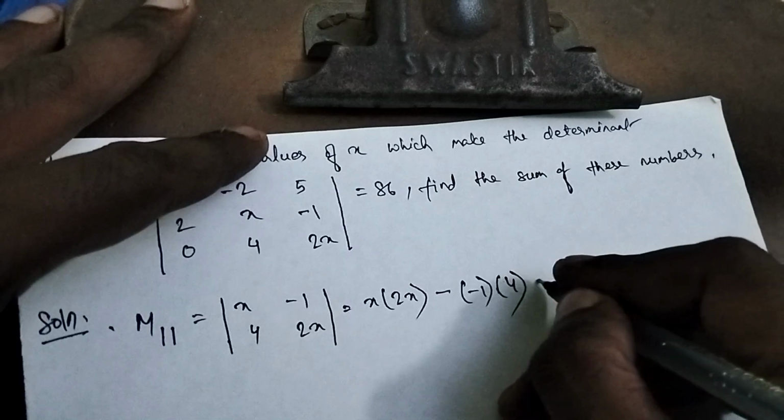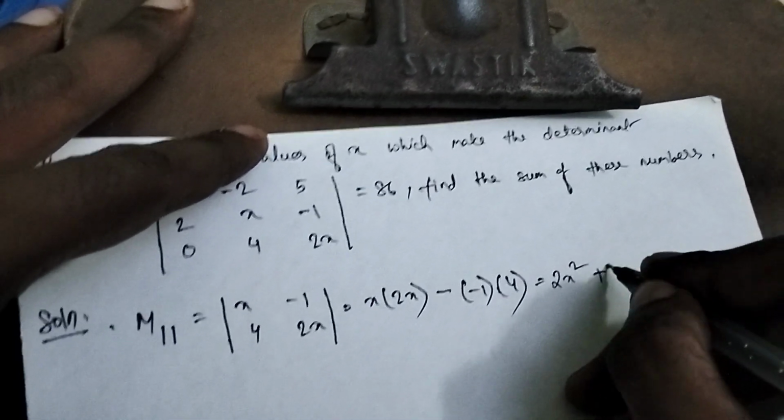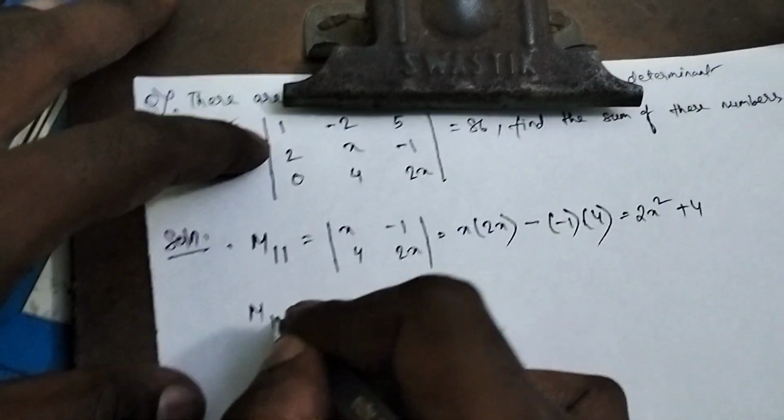So it will be 2x square plus 4. Clear? Now row 1 column 2.